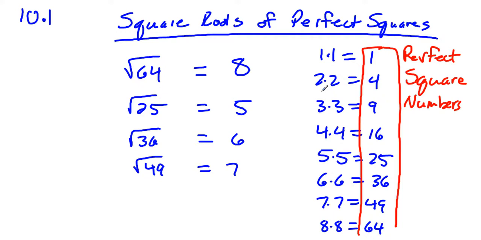In the first few questions, they're going to give you those basic numbers, like 64, 25, 36, 49, all those kinds of numbers, and have you just take the square root of it. And most of those numbers you're going to be able to just look at and recognize.